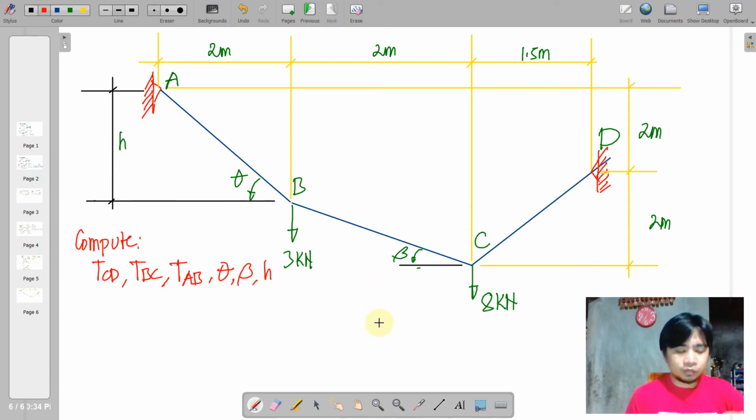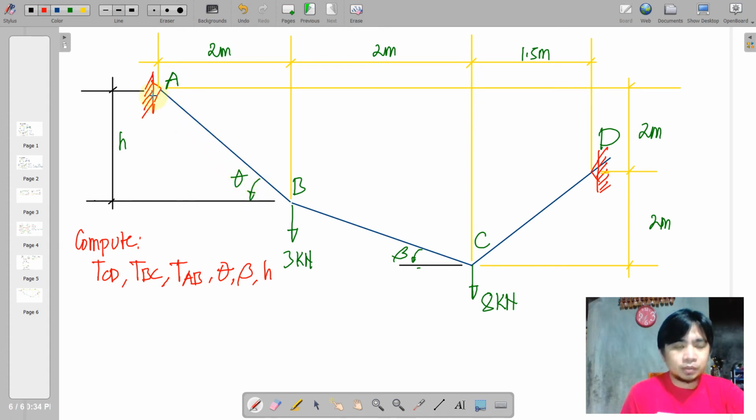Okay, so for the first step, we need to start where there is a complete set of givens. So if we are going to start with AB, we have a problem on the angle here.